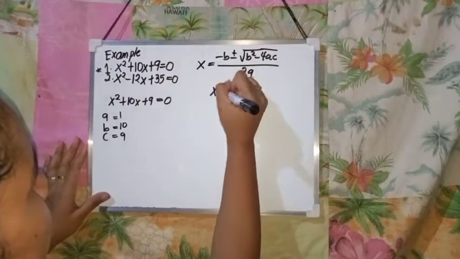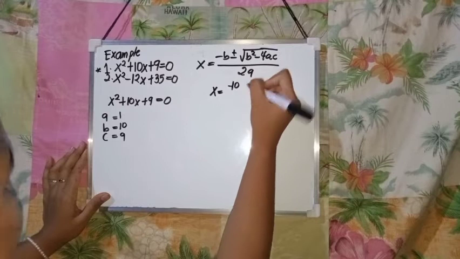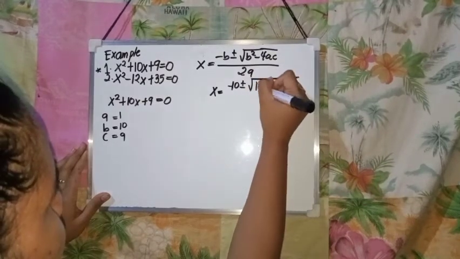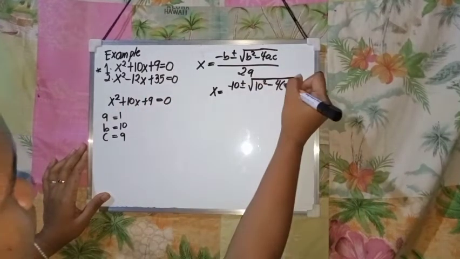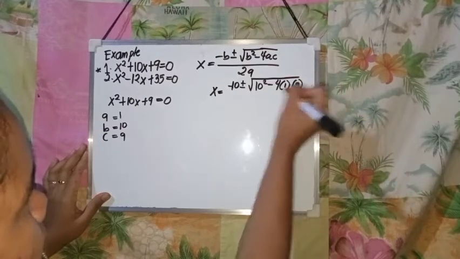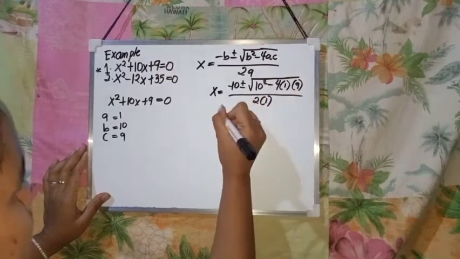So x is equal to negative 10, as 10 is the value of b, positive negative square root of 10 squared minus 4 times the value of a, which is 1, and the value of c, which is 9, all over 2 times 1.